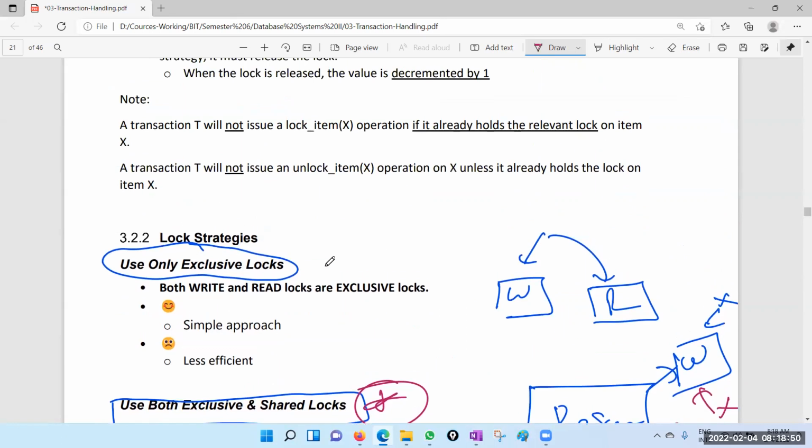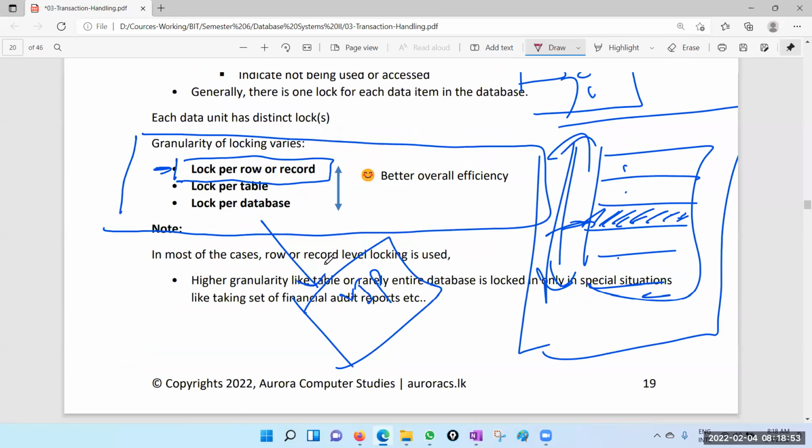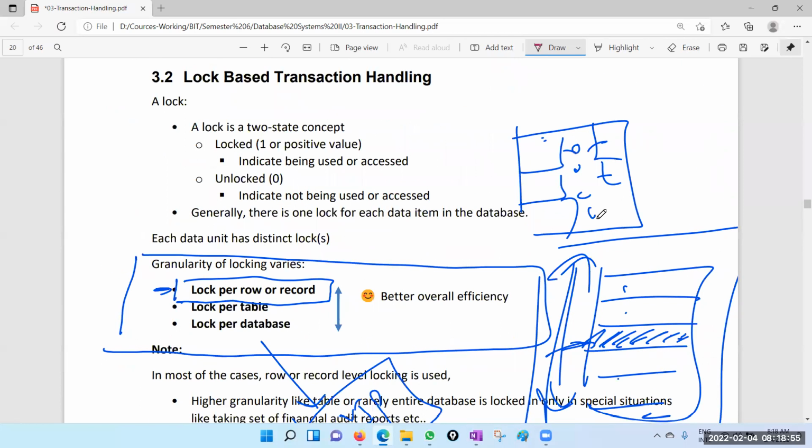It's something like how we use washrooms. You can consider reading as someone getting into the washroom to wash his hands, or just look at himself in the mirror and see whether he's okay. That is something like a read operation, and multiple people can come in. That is accepted. That is how the read operation occurs in databases. But a write operation is like someone getting into the washroom for some other special needs.